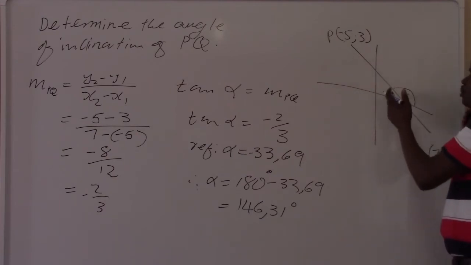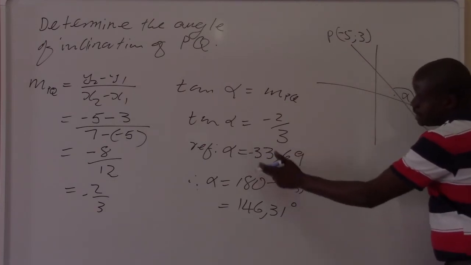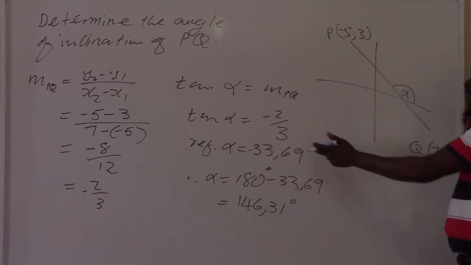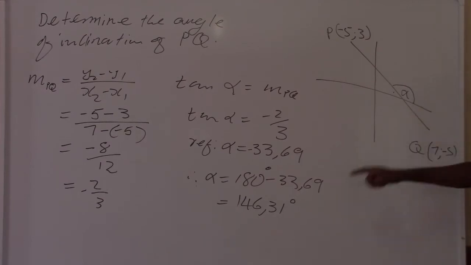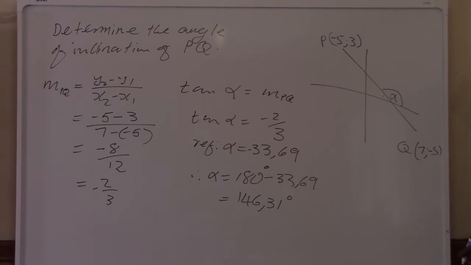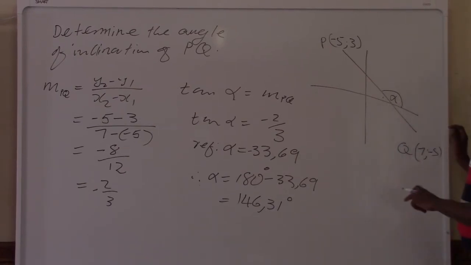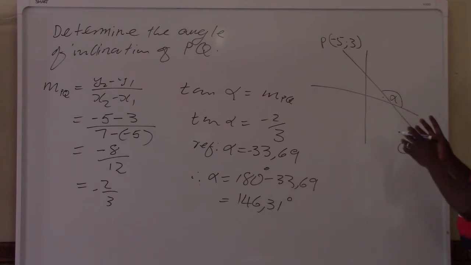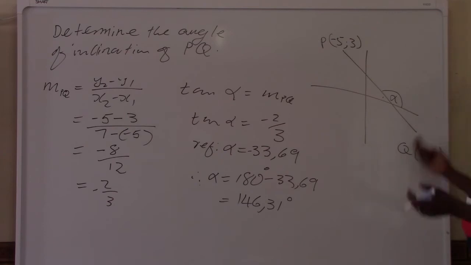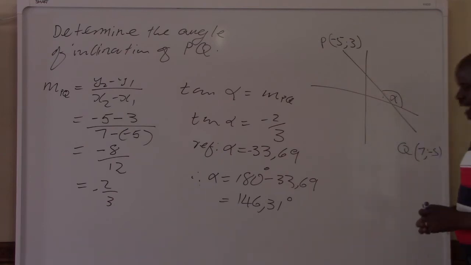Or when you calculate and they want this angle, that first angle that you get will be negative, so instead of putting the negative, you put it as a positive. Or you say 180 minus this angle, and it will give you the 33.69. Or maybe they're asking for that angle. So you just use the properties of the geometry of a straight line and so many other things that can be used. So that is how that one is done.